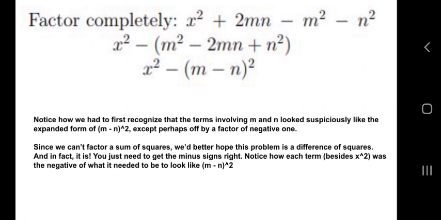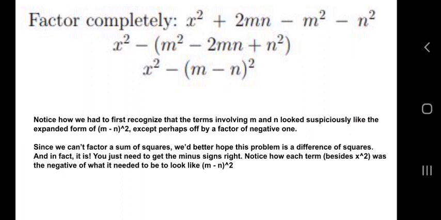And that's exactly what we do. As you can see, the second line here is x squared minus that whole quantity. Really what we have is a minus m squared up there, so we're going to minus a positive m squared. And because the 2mn was positive here, we're going to subtract off a negative 2mn, right?